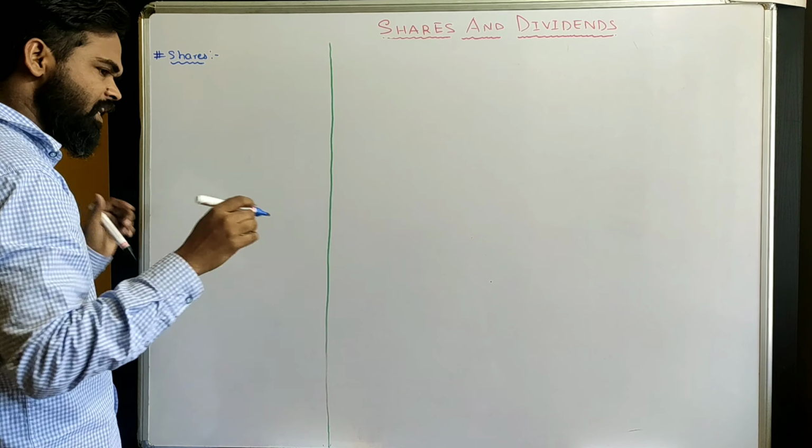What do I mean? Suppose I divide the total rupees 15 lakh into 15,000 parts, each valued at rupees 100. So each part is known as one share. So what is a share?